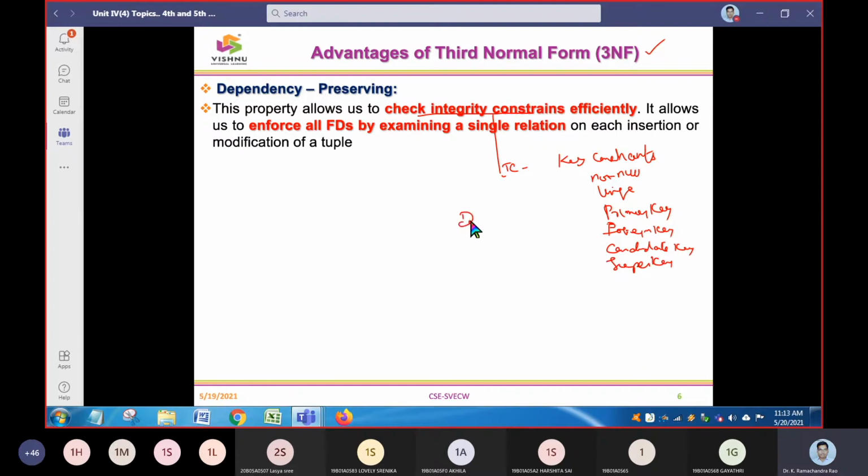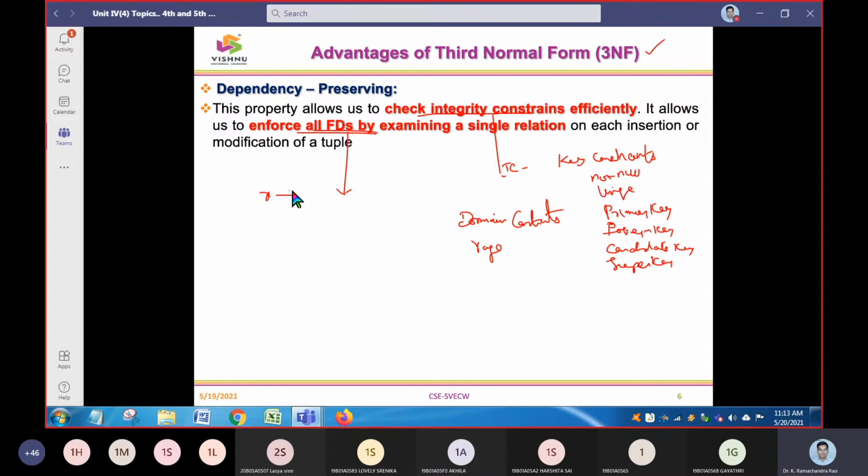Along with that, it does have domain constraints, that is, it fixes the range of a value, etc. So all these are going to enforce the functional dependencies.